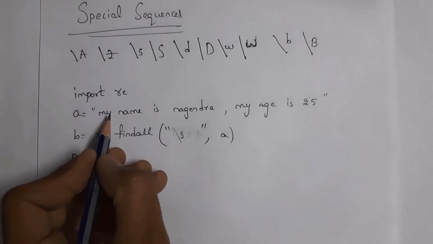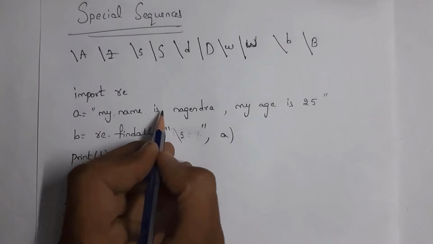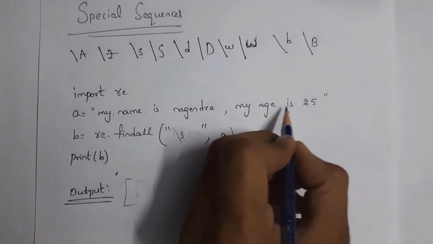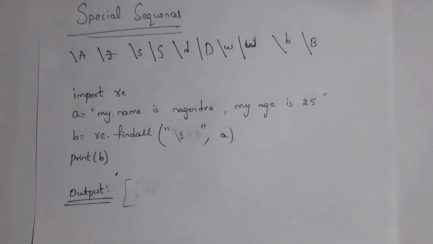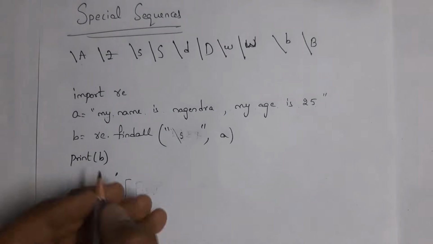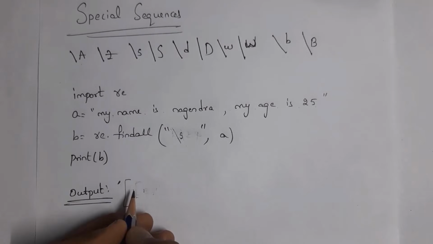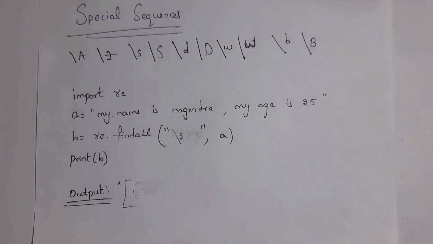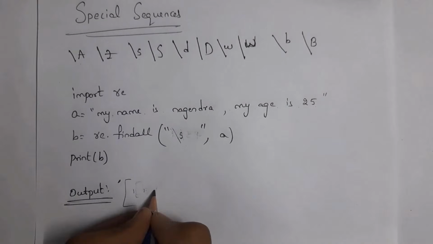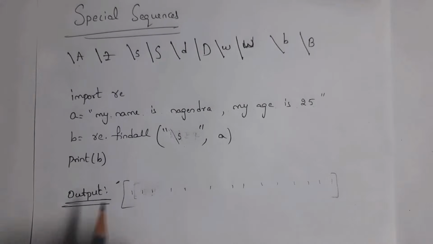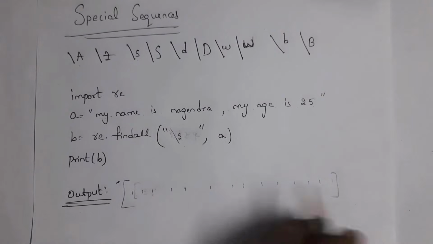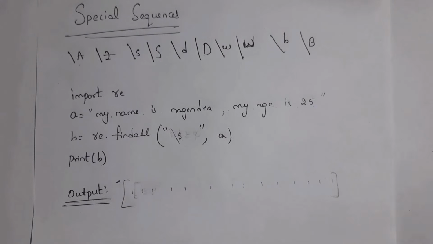How many spaces are present? 1, 2, 3, 4, 5, 6, 7. In total there are 7 spaces in my given sentence, so it will display 7 spaces. I already said before, when space is considered a string, it will represent spaces in single quotations. So it will represent 7 spaces in single quotations. This is the use of backslash small s.